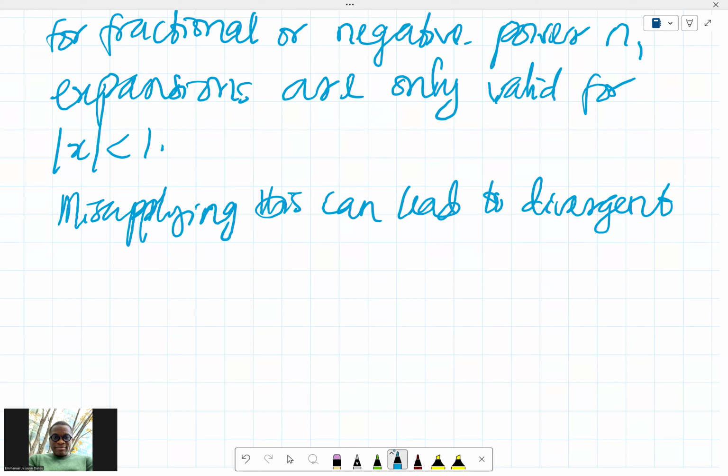So if you are using this to estimate something, you have to be sure that any value of x you're bringing in actually falls within -1 and 1. If you forget this, it's going to give you some problem. Applying it outside this range may lead to divergence, just like I've emphasized just now.